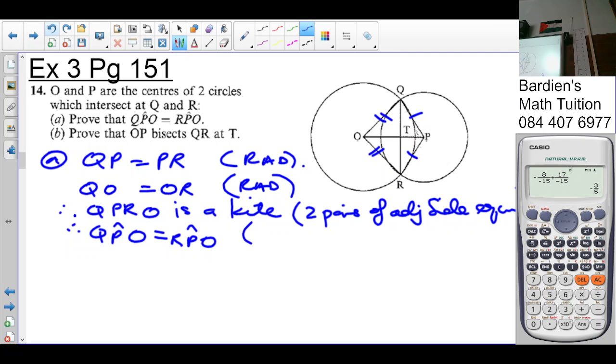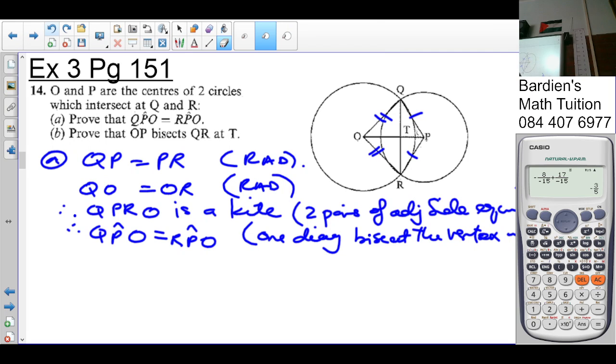Why? Because one diagonal bisects the vertex angle in a kite. Because now it's a kite. Can you see that, people? And that is now coming after our claim that it's a kite. Okay?